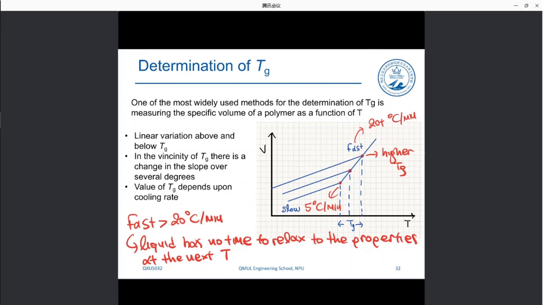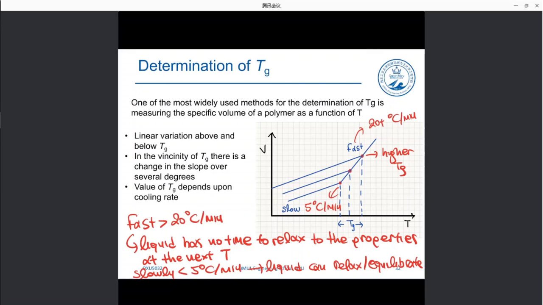But when we cool it slowly, that is less than 5 Celsius degrees per minute, the liquid can relax or equilibrate, and by equilibrating, it takes up the properties of the next temperature.